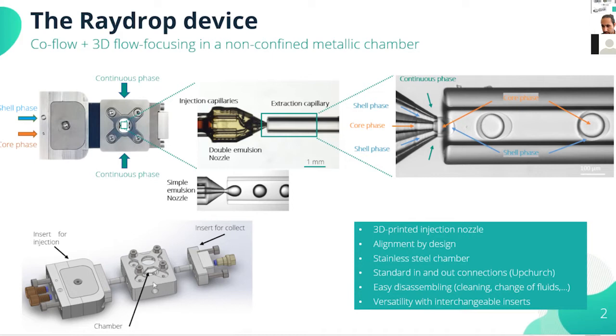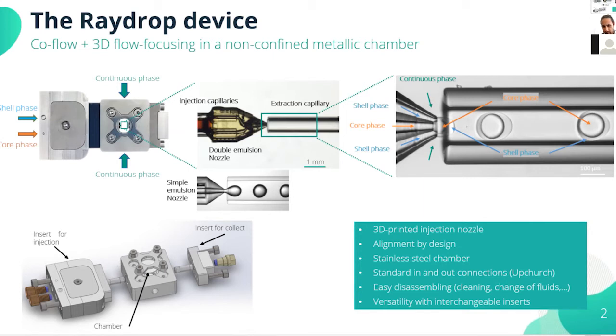As I said, in the case of the pictures that you can see, it's a device to produce double emulsion. But if you want to produce simple emulsion, you simply have to change not the collecting insert, but the injection insert to a simple emulsion injection insert.